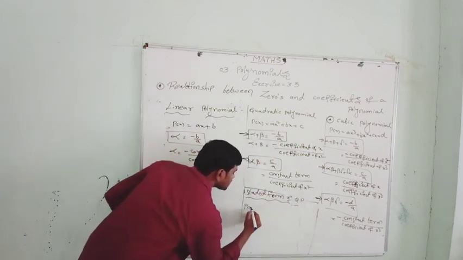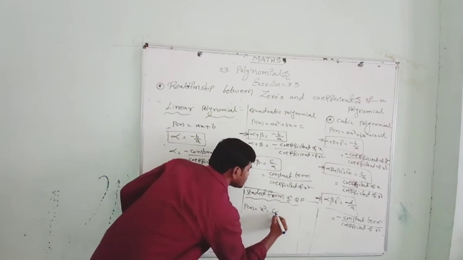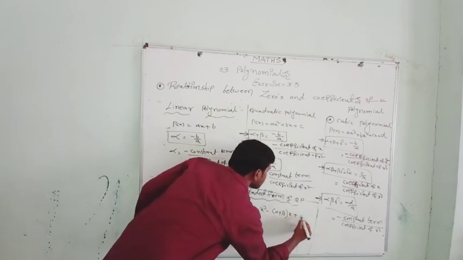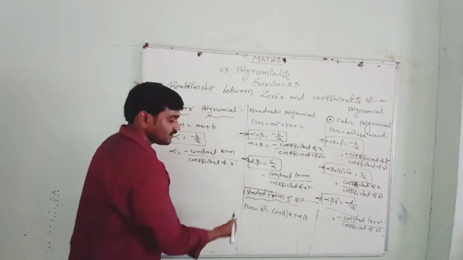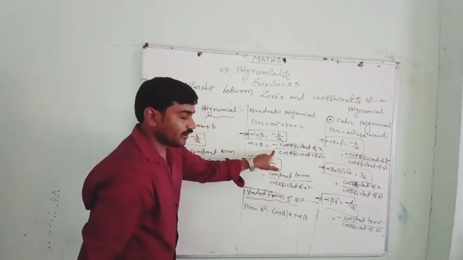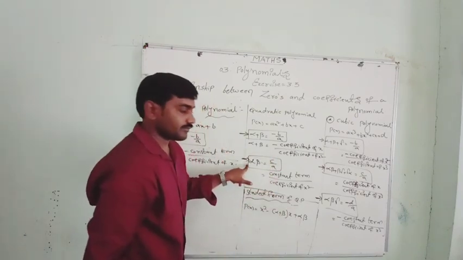that is p of x equal to x square minus (alpha plus beta) into x plus alpha beta. This alpha plus beta you will get from here, alpha beta you will get from here. Okay.